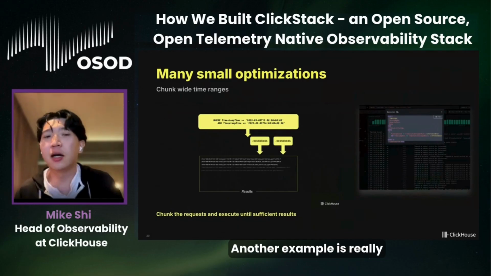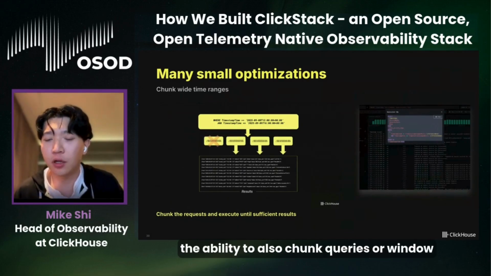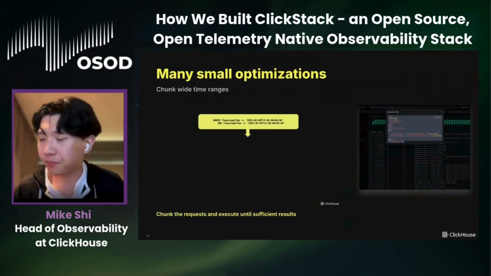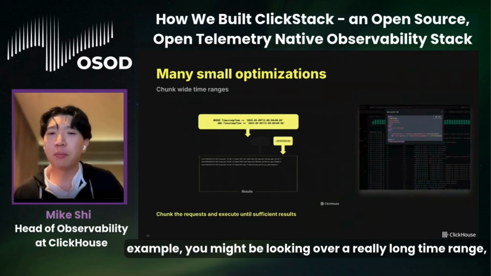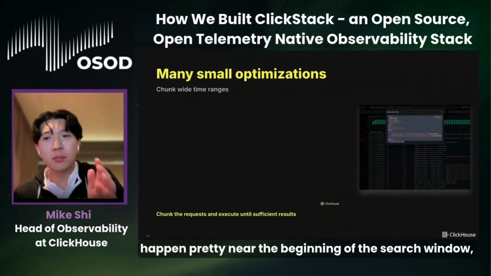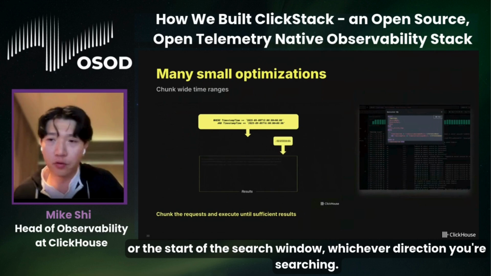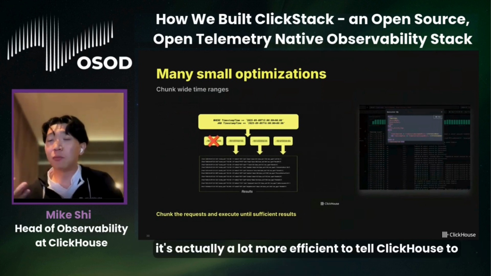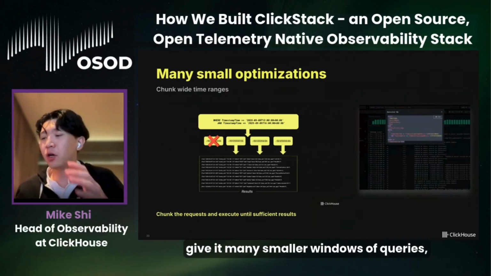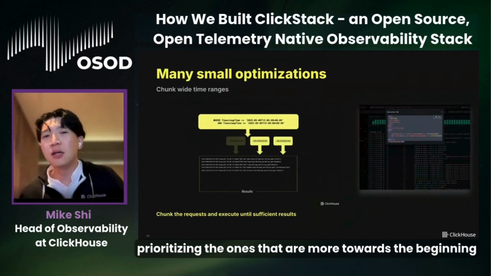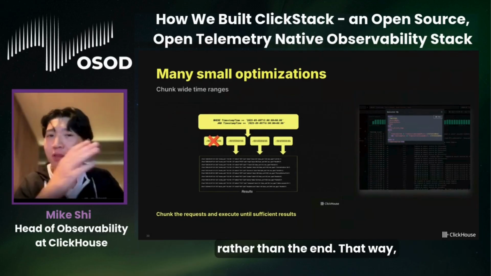Another example is the ability to chunk queries or window queries into smaller queries. So for example, you might be looking over a really long time range, but maybe all of the matches will actually happen pretty near the start of the search window, whichever direction you're searching. So in this case, it's a lot more efficient to tell ClickHouse to give it many smaller windows of queries, prioritizing the ones that are more towards the beginning rather than the end.